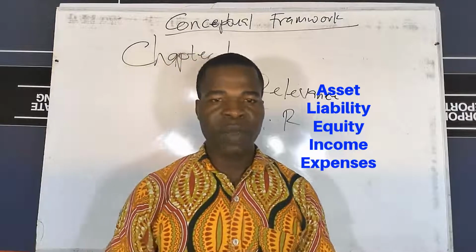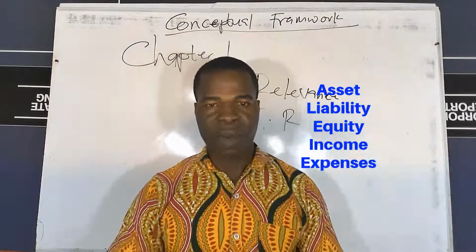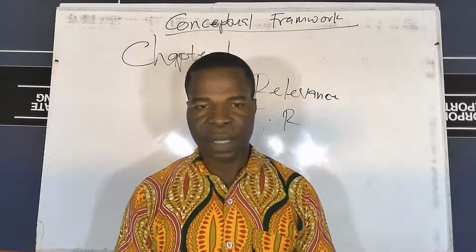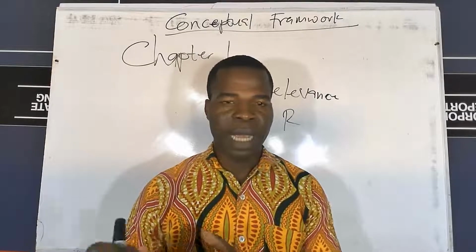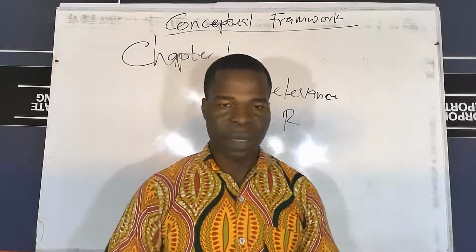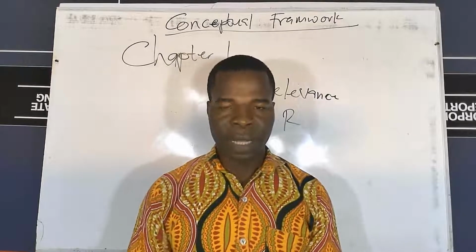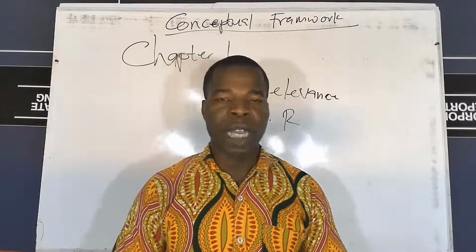With the definitions, which are new or have been revised from the previous conceptual framework, asset is now defined as a present economic resource controlled by the entity as a result of a past event. And when we say economic resource, we are basically saying that it is a right that has the potential of future economic benefit.